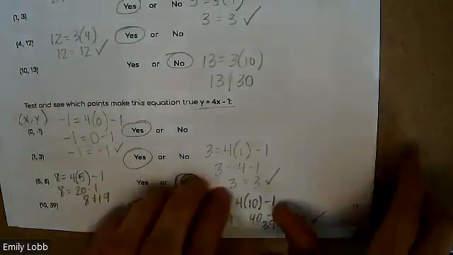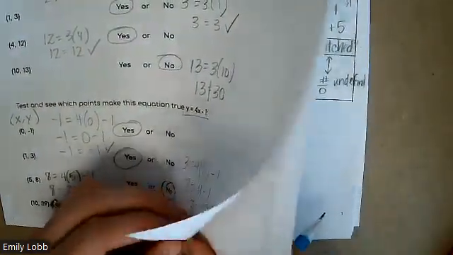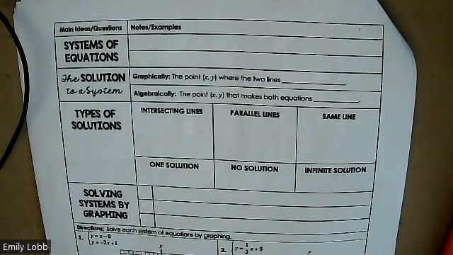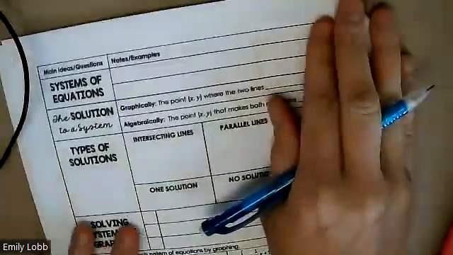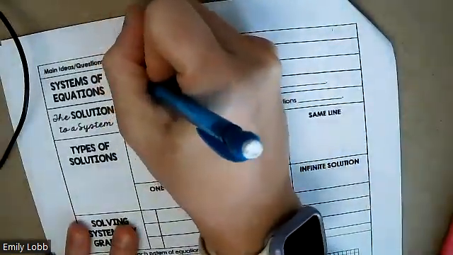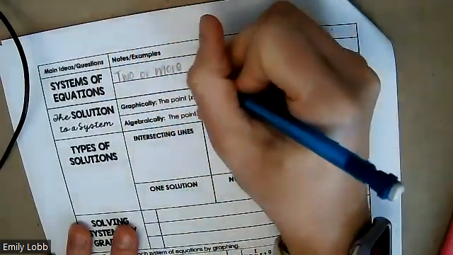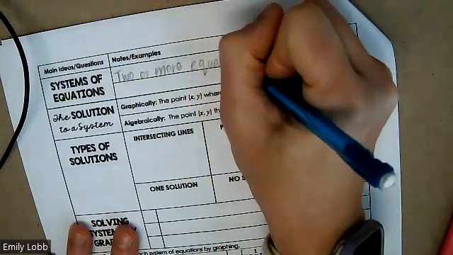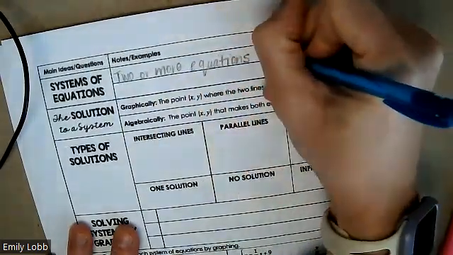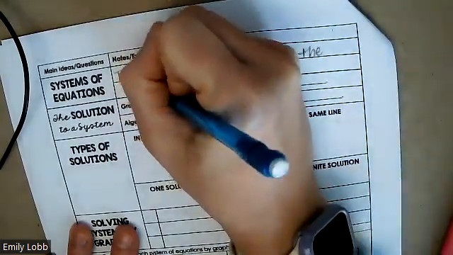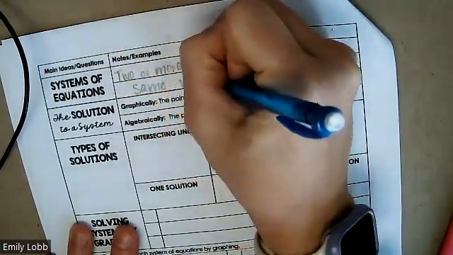Page 16 now is where we're gonna start rolling from today. Systems of equations. So we've practiced a little bit with systems of equations, but remember systems of equations are two or more equations with the same variables.